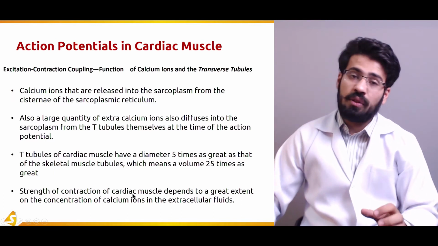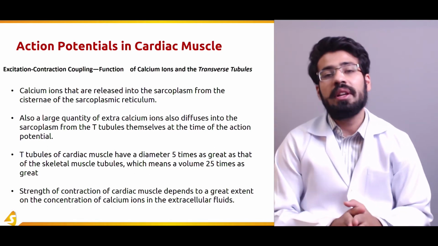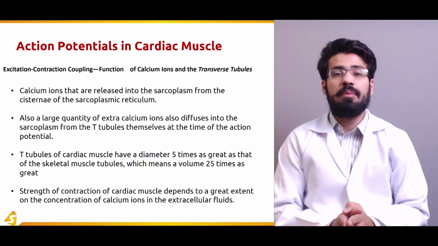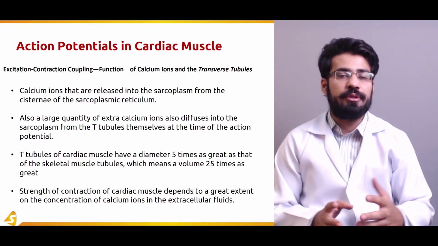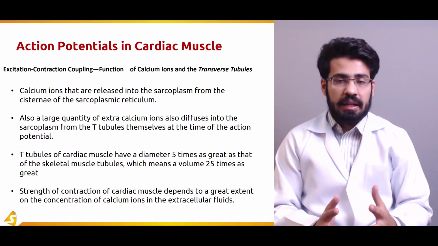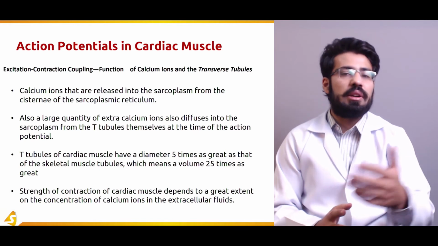Now, it has been established that the strength of the cardiac muscles is dependent upon two things. Number one is, of course, the extent or concentration of the calcium ions in the extracellular fluid.